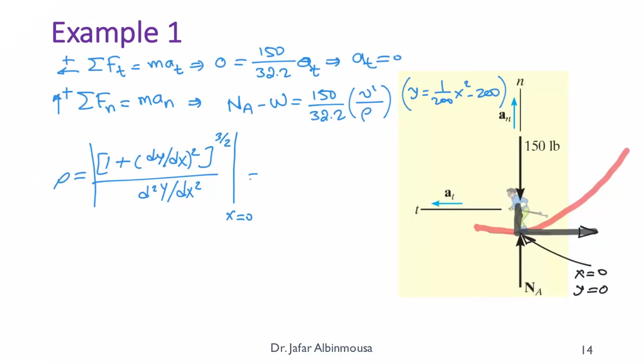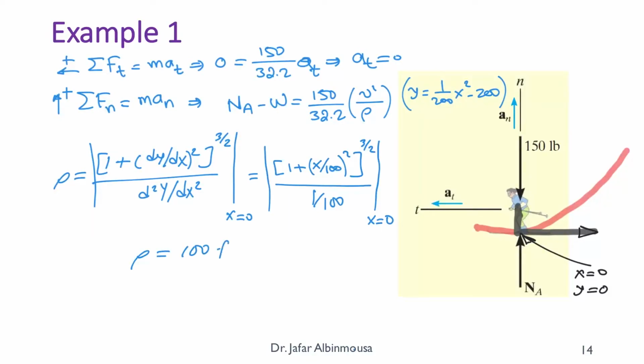We are going to get 1 plus x divided by 100, squared, all raised to the power 3 over 2, divided by 1 over 100, and this is of course at x equals 0. So we're going to get rho equals 100 feet.